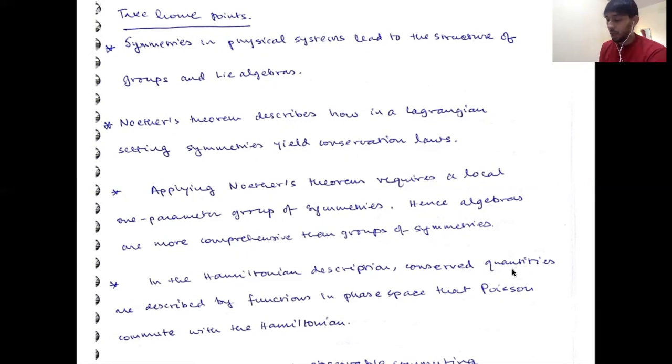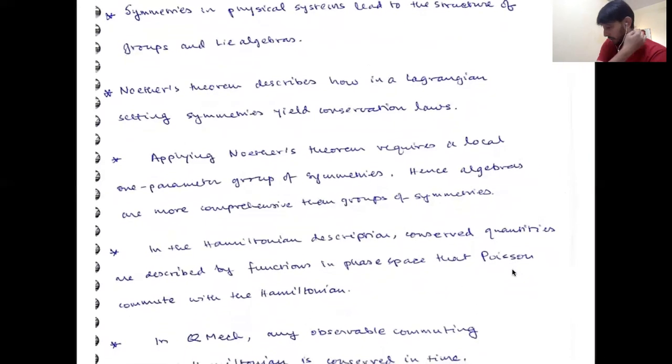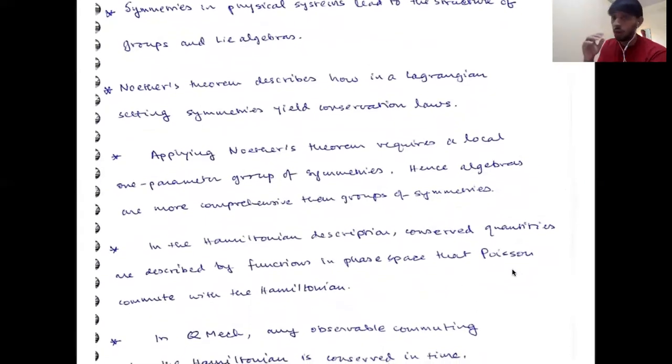theories. What we saw earlier in this class today is that you can have equivalent descriptions, as for example in classical mechanics, in the Hamiltonian framework. In the Hamiltonian framework, what I reminded you is that the conserved quantities are actually described by functions in phase space that also commute with the Hamiltonian.